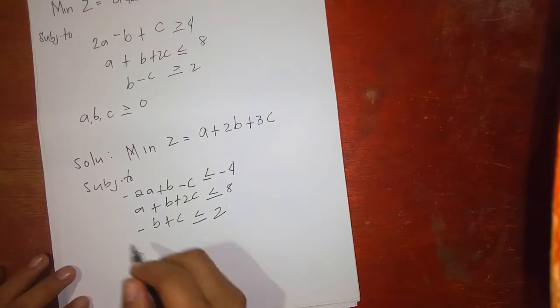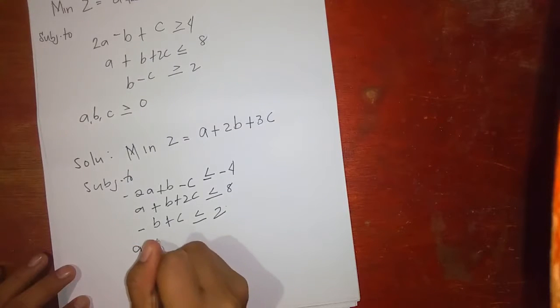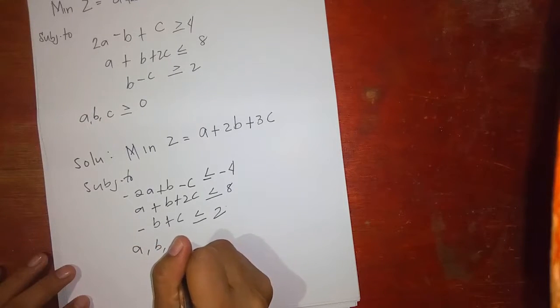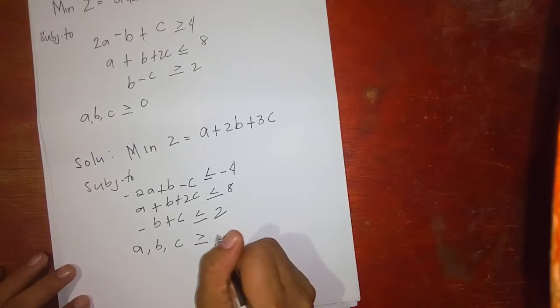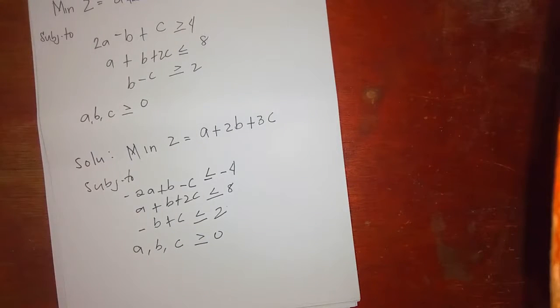Alright, so let's move on. We already converted the constraints. So next, we need to add a slack variable in each constraint.